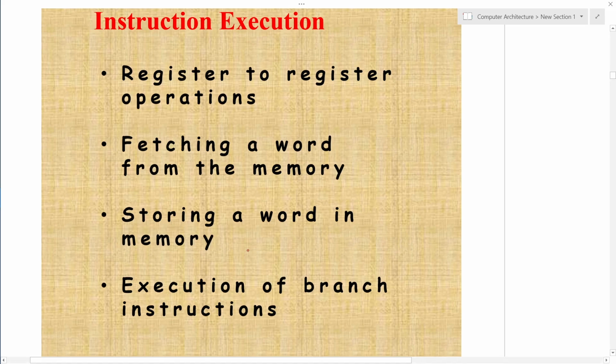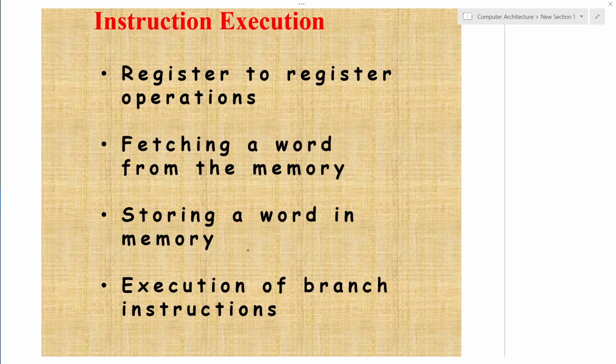We assume the operation to be performed can be a register to register operation, or a memory to register operation, or a register to memory operation, or a typical branch instruction. So this way we can categorize instruction execution in single bus architecture.